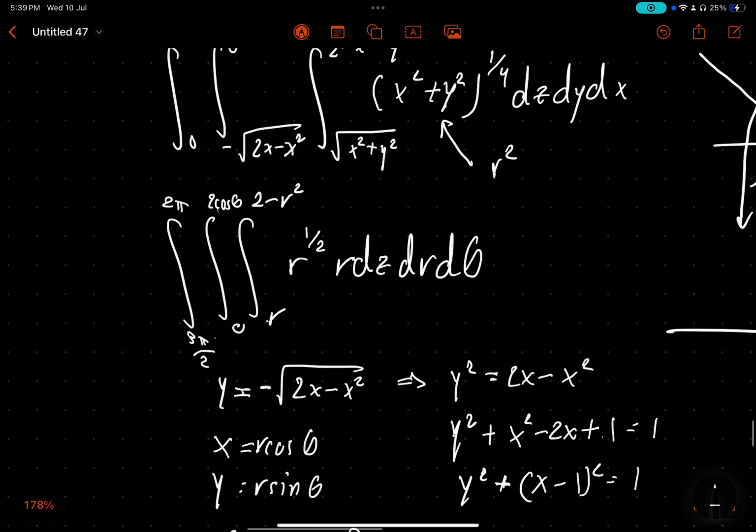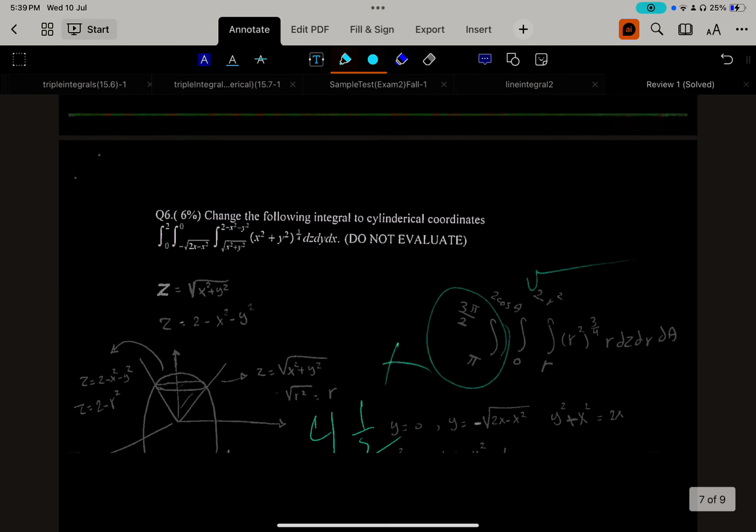We make sure it goes in this direction. And now this is basically the volume. It's a bit complicated, but yeah, this should be the volume, hopefully.